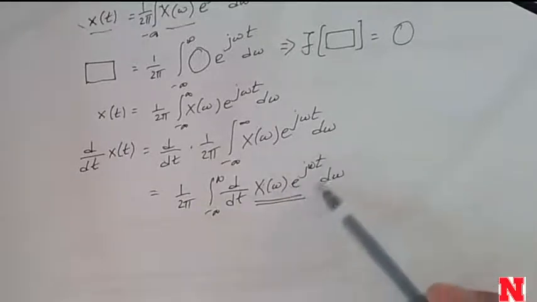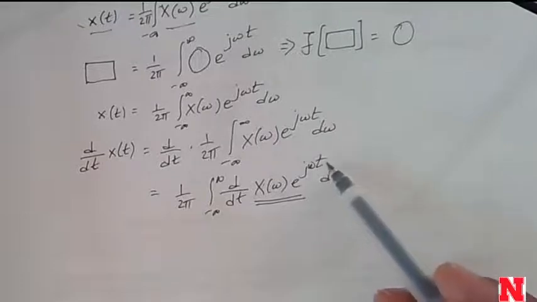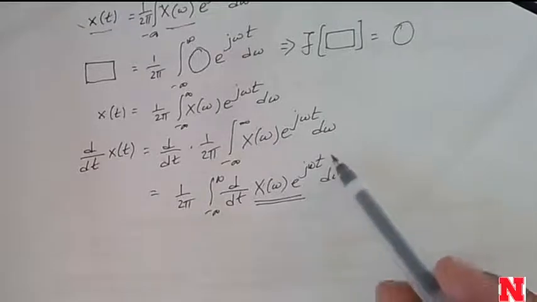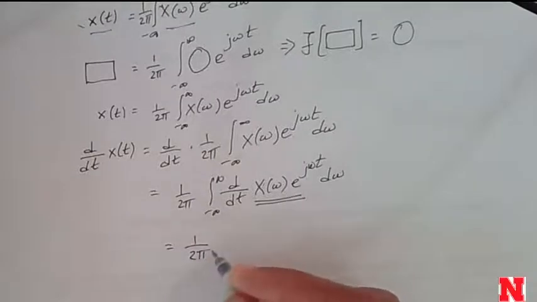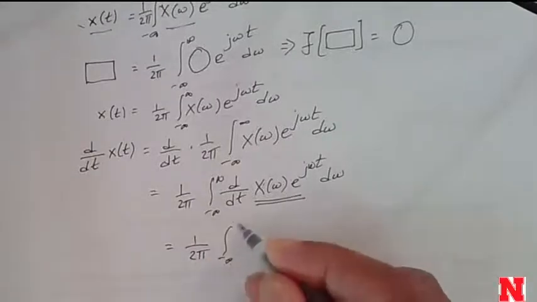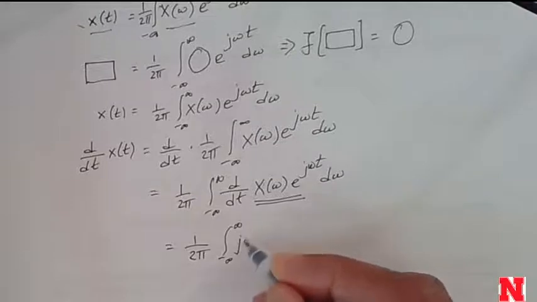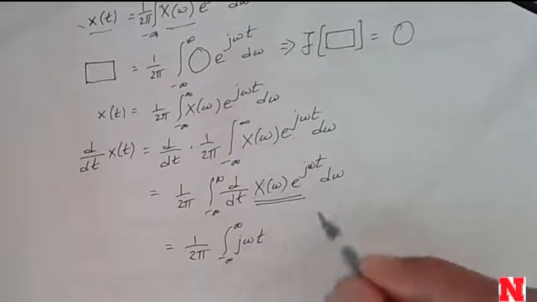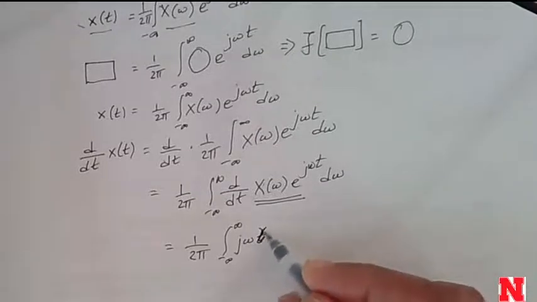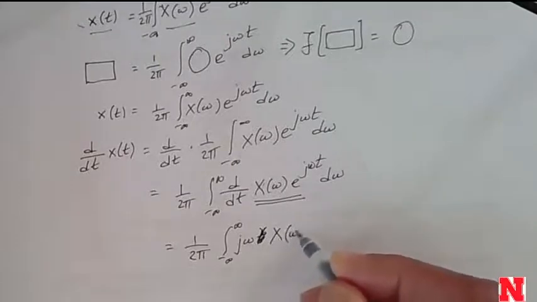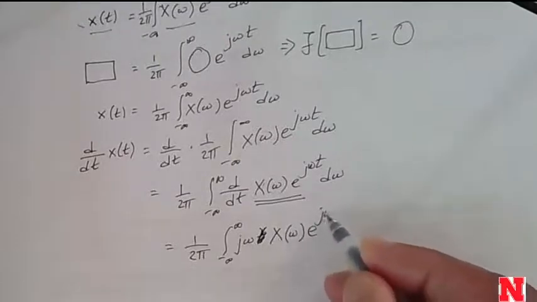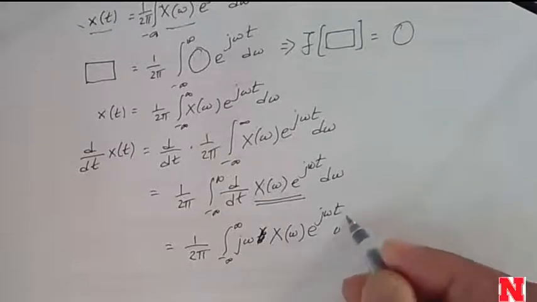The derivative of e to the j omega t with respect to t is just j omega e to the j omega t. So this is 1 over 2 pi integral from minus infinity to infinity of j omega x of omega e to the j omega t d omega.